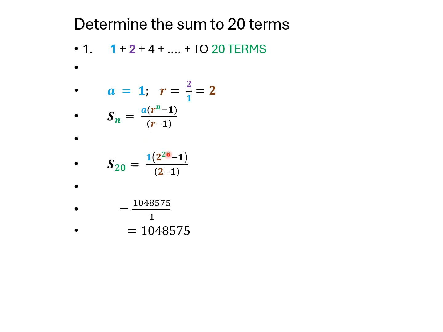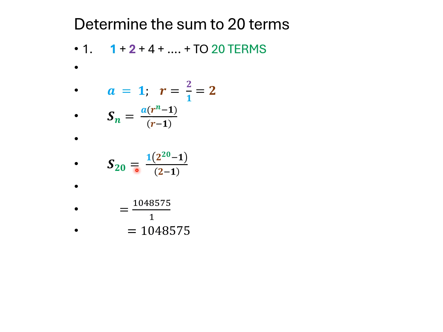Wherever I see n, I place 20. a is 1, r is 2, so I have 2 to the power 20 minus 1 over 2 minus 1. That gives me 1,048,575 divided by 1, and that's the sum to 20 terms.